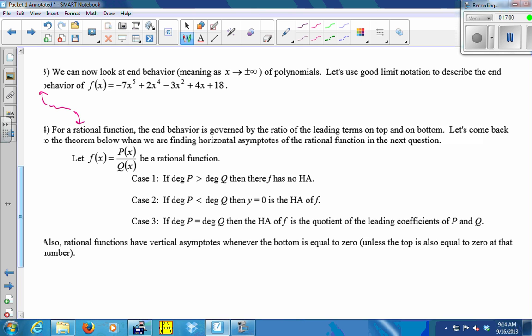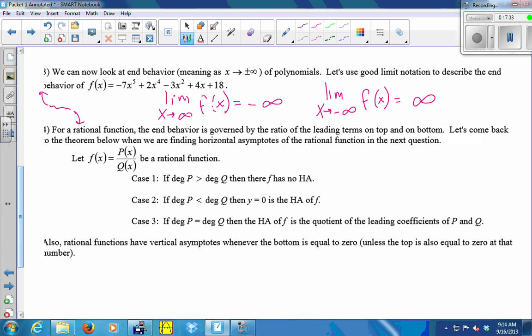Okay, so if I'm going to do this with good limit notation, we would say the limit as x approaches infinity of f of x would be what? Negative infinity, because the right arm goes down. And we would say the limit as x approaches negative infinity of f of x equals infinity. Good.